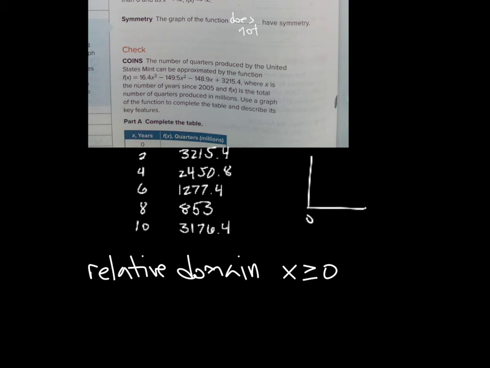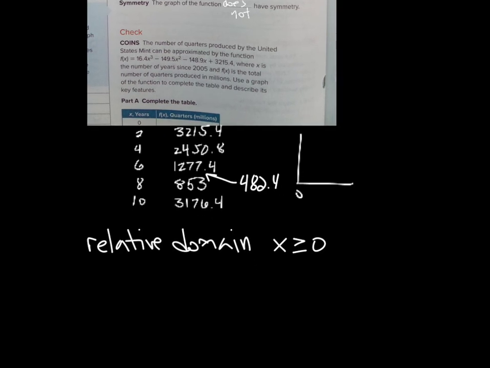Okay, and then the relative range is, what is our lowest number that we have here? And so the lowest number that I see, I skipped one in my table. There has to be a number right here. Sorry, so that's 482.4.